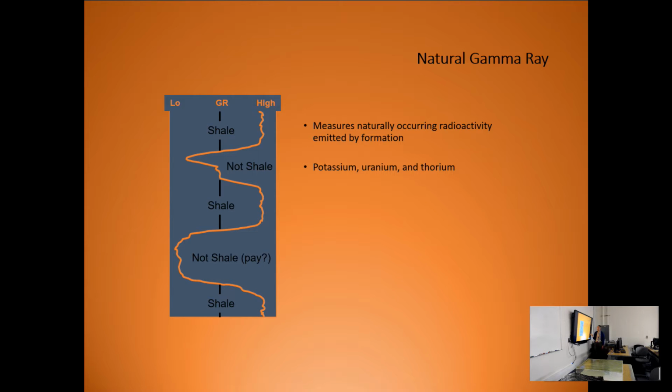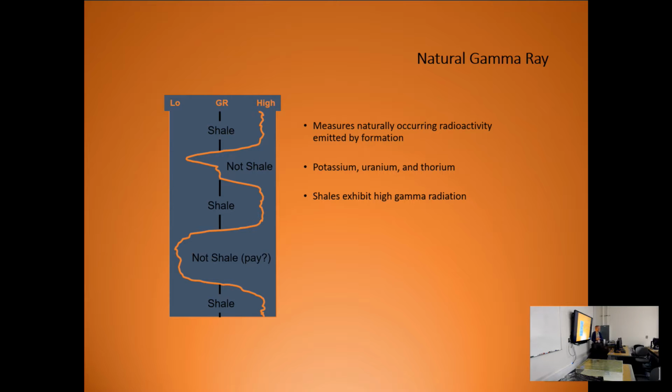So when you talk about gamma radiation, what are the typical natural sources? Potassium, uranium, and thorium. Okay. So that just should become natural to remember those, potassium being the most important one. Why do we care? Because shales are made up of clays, and as Alex Washburn here already said, shales have a high concentration of potassium.